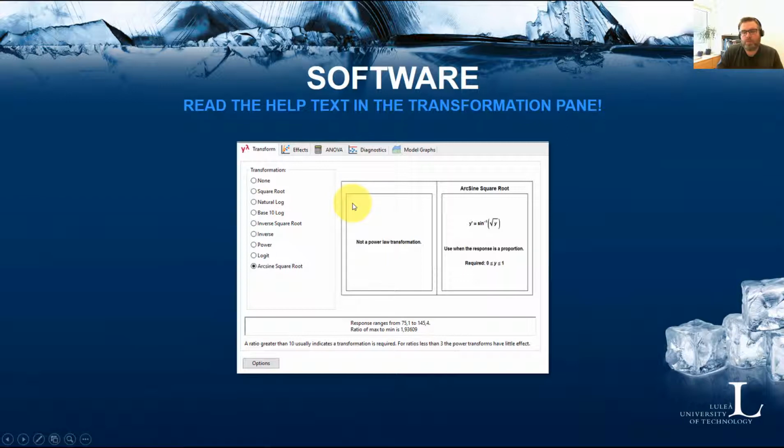So you may fit your model with untransformed data. You look at the diagnostics, you have a transformation in mind. If the diagnostics look really good without the transformation, then maybe there is no need for a transformation. But you should work with building your model, looking at the diagnostics, going back to the transformation pane, building your model, looking at diagnostics, and so on. Try to get a potentially improved situation by doing a transformation.